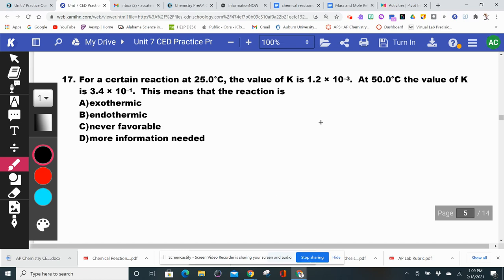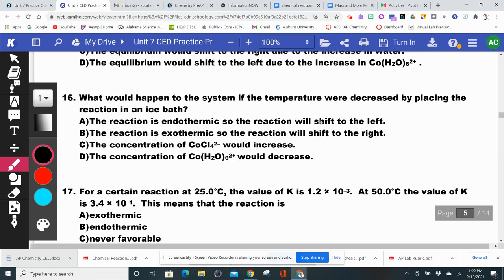I would definitely use one when you are making some change. They're giving you an initial set of conditions, they're changing something, and then they're giving you equilibrium conditions, or they're asking you to find equilibrium conditions like concentrations. Then I would use a rice table.